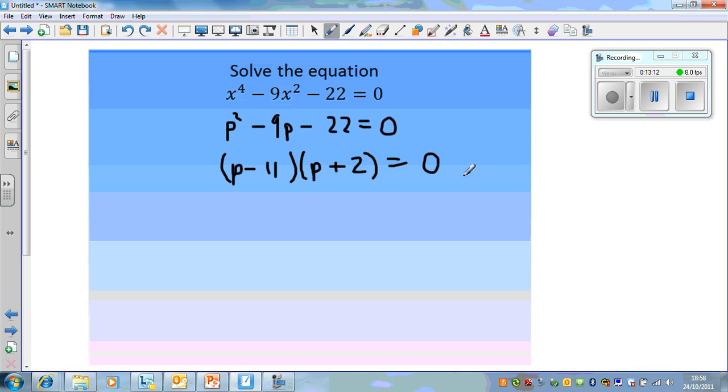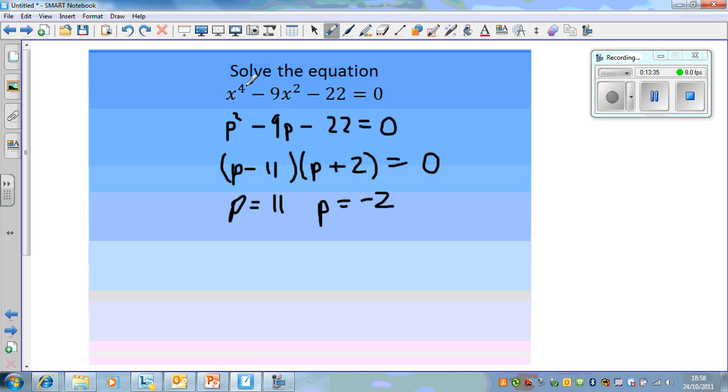Now, if we were solving this, this is easy now. We've done the hard work. p has got to be 11, and p has got to be minus 2. Right, now if that was the question, p squared minus 9p minus 22 is equal to 0, done. They're not going to give you one that easy, unfortunately.